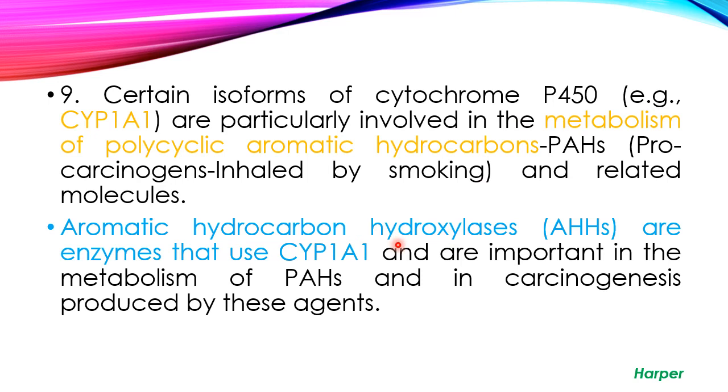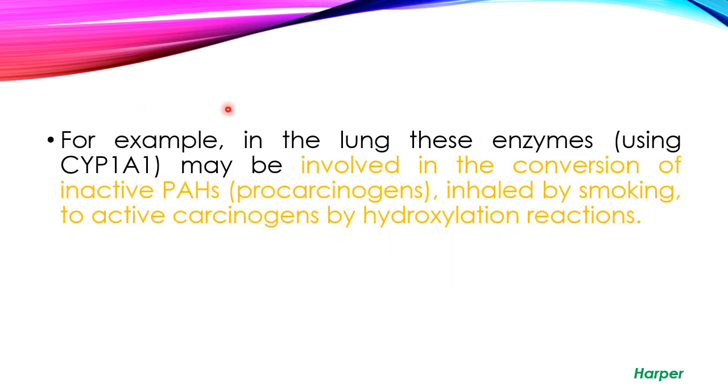There are enzymes called aromatic hydrocarbon hydroxylases that can metabolize polycyclic aromatic hydrocarbons by using CYP1A1. So in the lungs, these enzymes, by using CYP1A1, may convert inactive polycyclic aromatic hydrocarbons into their active carcinogenic forms by hydroxylation reactions.